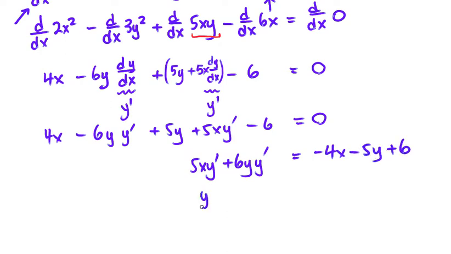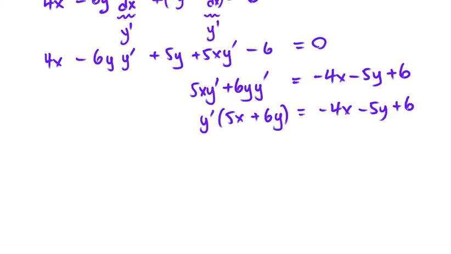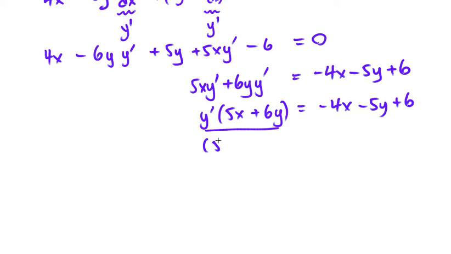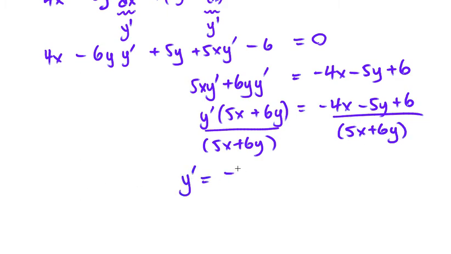Then I factor out a y prime, leaving 5x plus 6y, and divide everything by, in this case, 5x plus 6y. Leaving me with my derivative of minus 4x minus 5y plus 6, all getting divided by 5x plus 6y.